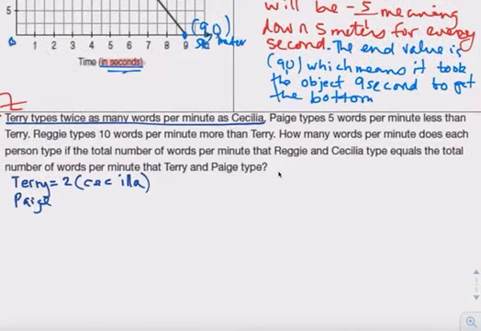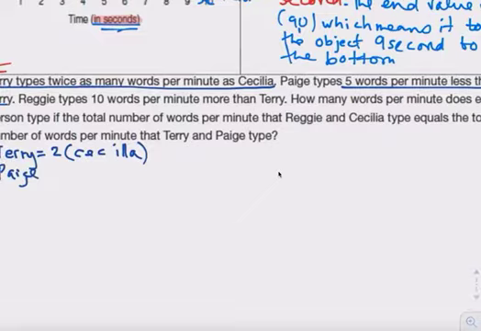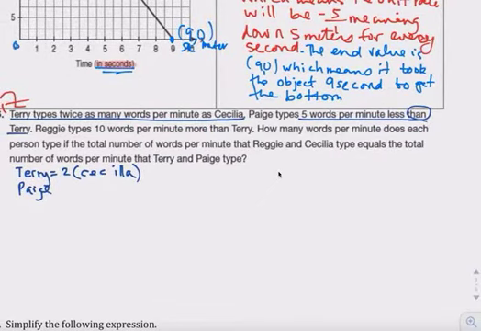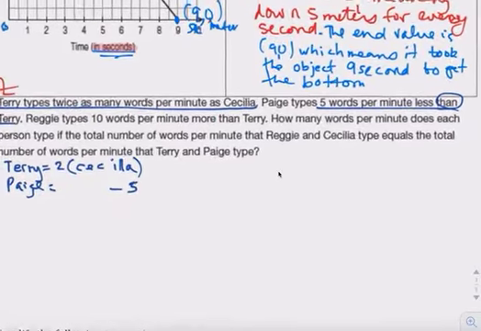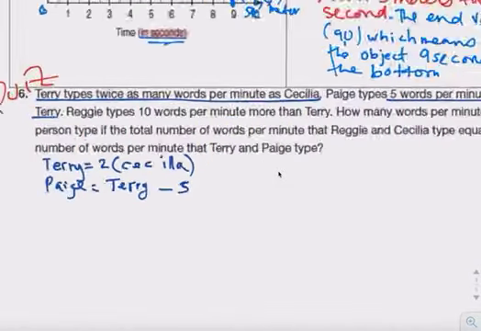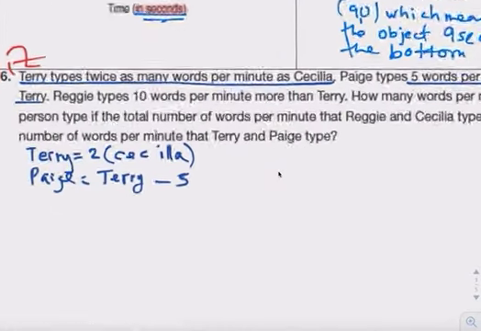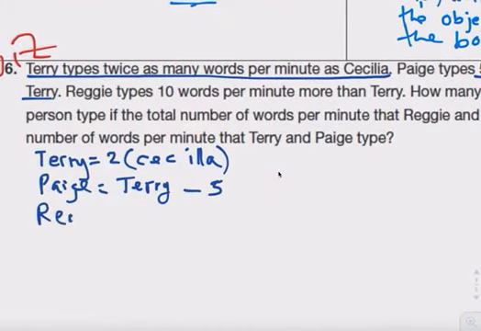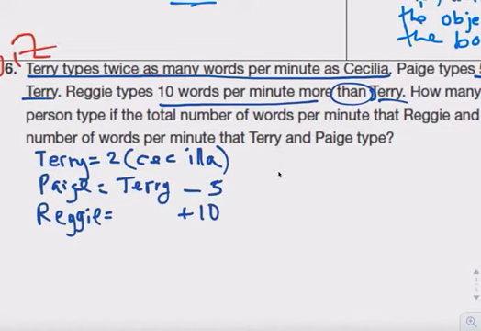Type 5 words per minute less than Terry. Paige typed 5 words, oh, here's the word than, less than, so -5, than Terry. So it's Terry -5. Reggie. Reggie is next. Reggie types 10 words more than Terry. So +10 more than Terry.